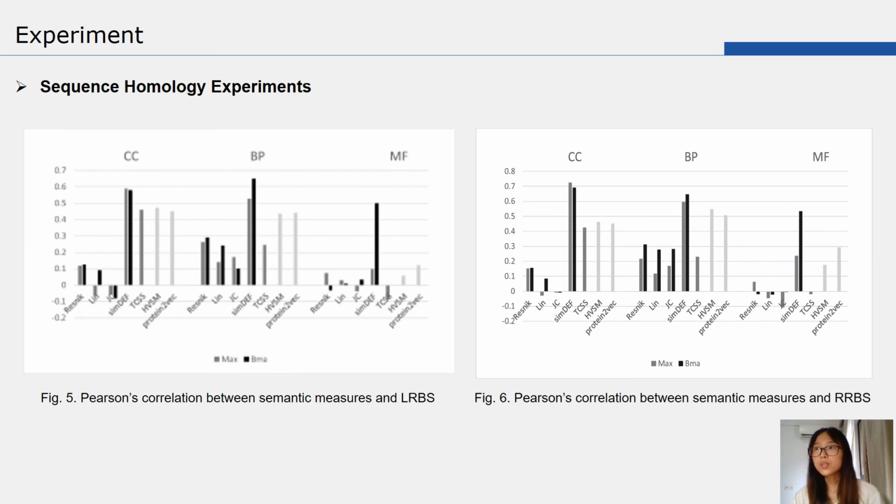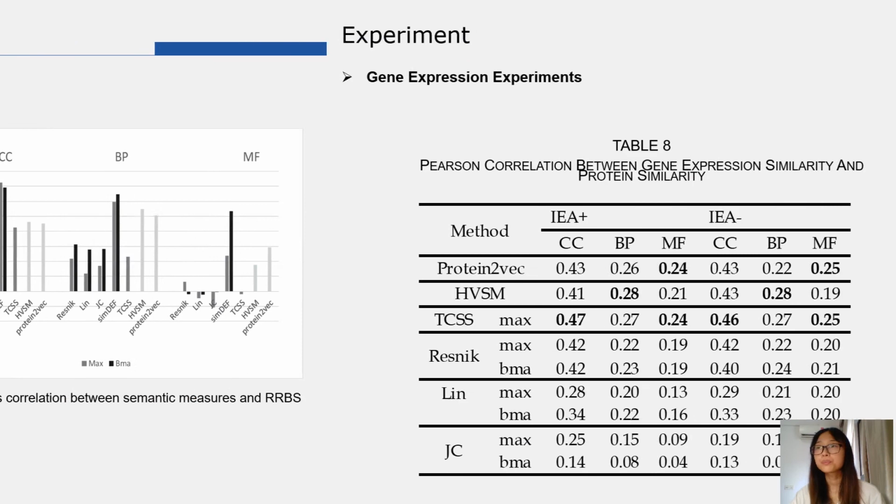Figure 5 shows the PCC between protein similarity and RSS, and Figure 6 shows the PCC between protein similarity and RSS. The prediction result of our model is better than other semantic methods except SAMDEF, which indicates that our model has a good performance in inferring the PPI.